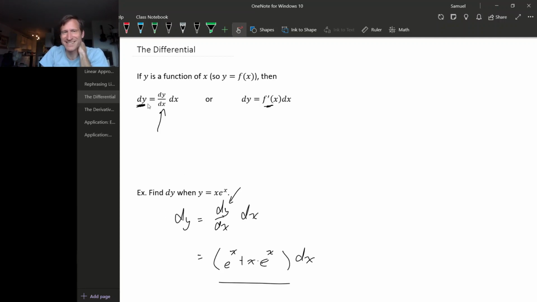So what does a differential actually tell you? So what does this kind of equation mean? You know, before now, I've insisted that dy and dx don't really mean anything on their own, but now I'm telling you, well, they do mean something, and here's what they mean. But what does this mean?